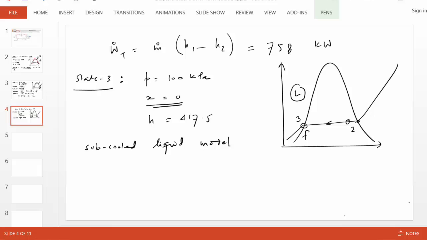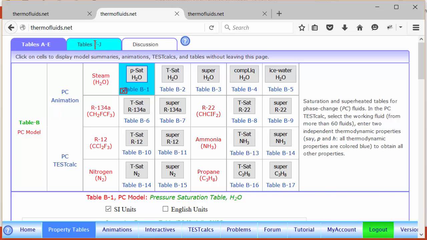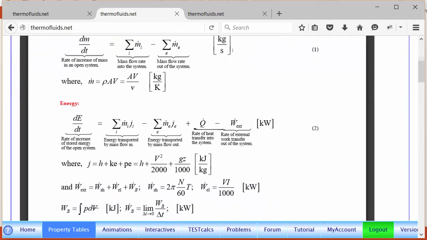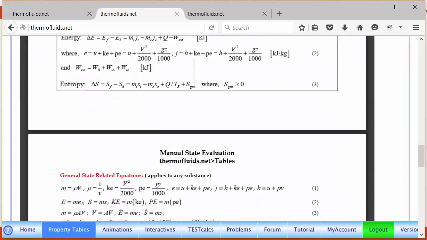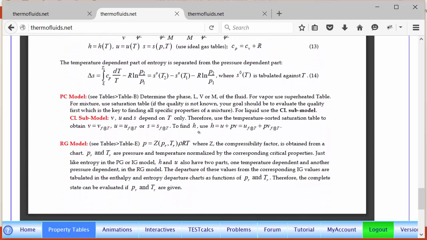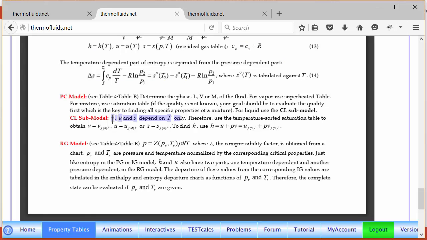If you go to the handout, to understand the model, you go to table J. If you browse all the way down, you will find all the material models and formulas explained here. Let's go to the PC model. In the PC model, as you can see, this is the CL submodel, the compressed liquid or subcooled submodel. V, U, and S are functions of T only. That's the important thing about this model: specific volume, U, and entropy do not depend on pressure.